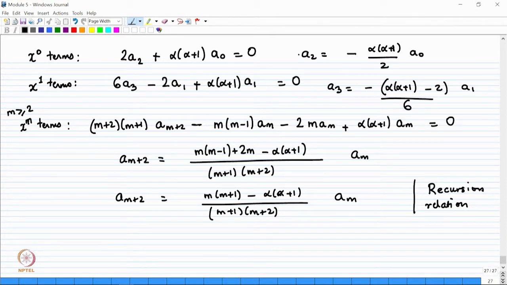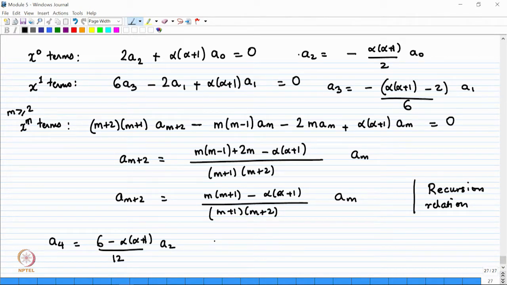So, what that means is that I can write a_4, which means m equal to 2, as (2 into 3, that is 6, minus alpha plus 1) divided by (3 into 4, that is 12) times a_2.